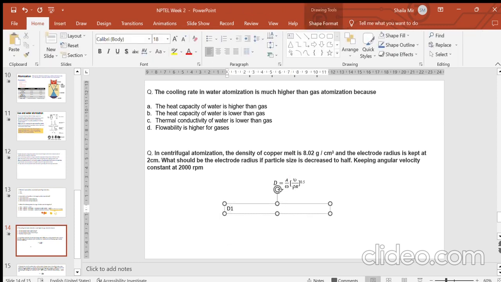So we will say in one case, which is D1, we write D1 by D2. That means we are having two conditions in which the diameter of the particle in case 1 and the diameter of the particle in case 2 will be equal to R2 by R1 raised to the power 1 by 2, right?